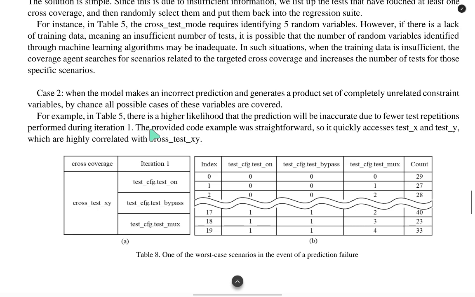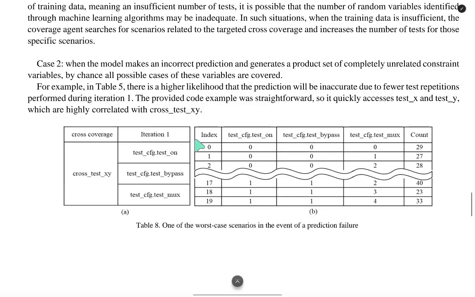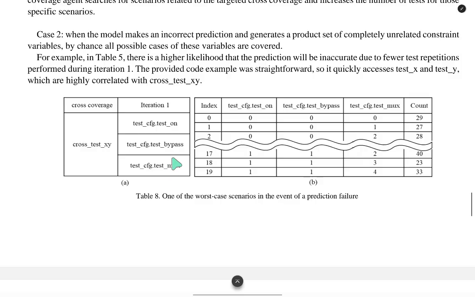The provided code example was straightforward, so it quickly accessed test X and test Y, which are highly correlated with cross-test XY. Table 8 shows one of the worst-case scenarios in the event of prediction failure.